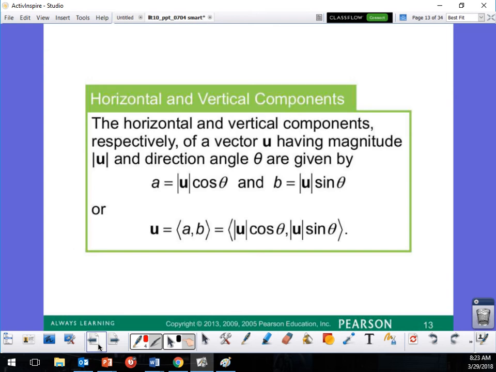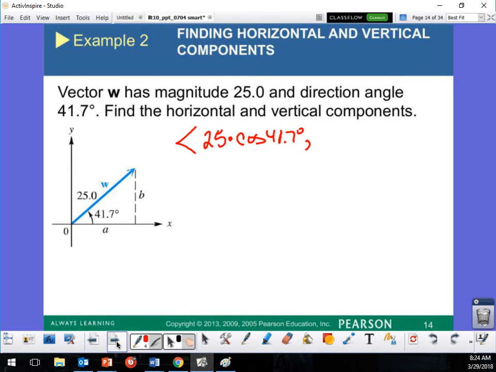Cosine is for x, sine is for y. Okay, and the next one's going to be 25 times sine of 41.7 degrees. And you have to put each piece in by itself.